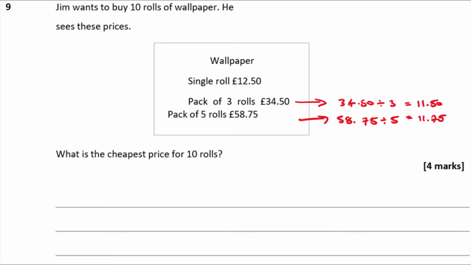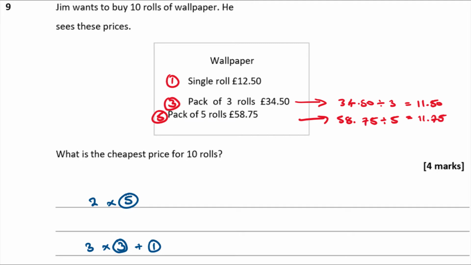So what other possibilities are there? If we label this 1, 3 and then 5, then what possible combinations could we have? We could either have 2 lots of the 5-pack roll, which gives us 10 rolls, or we could have 3 of the 3 packs and then 1 of the 1 packs.